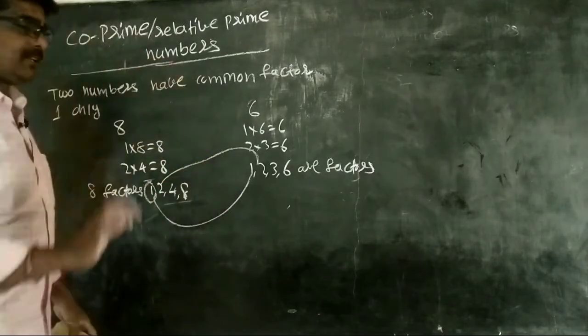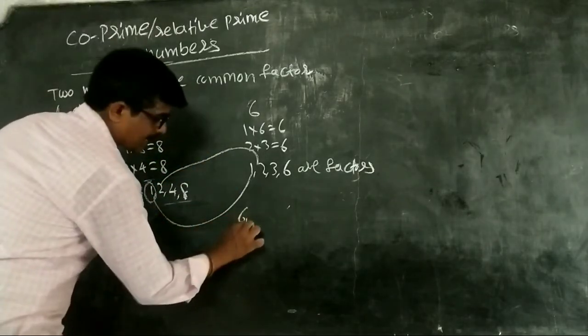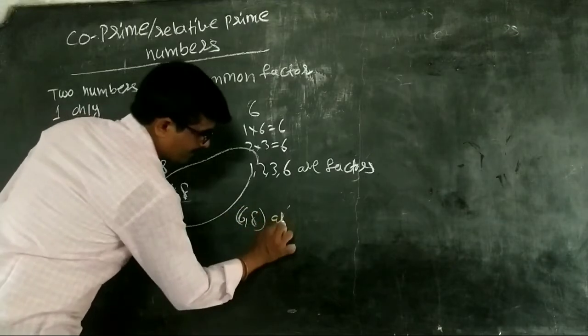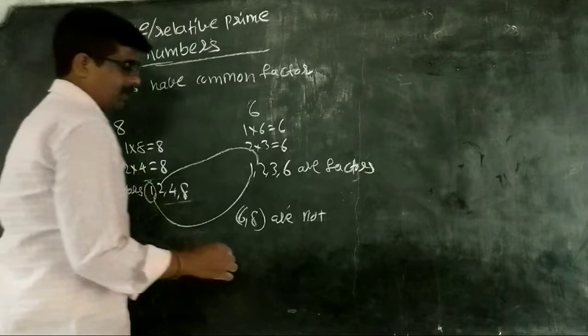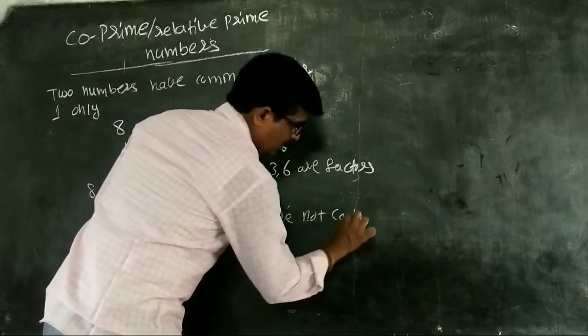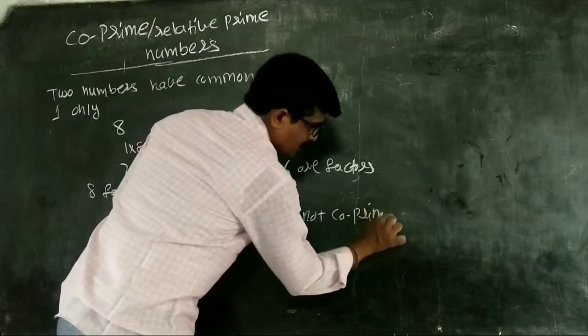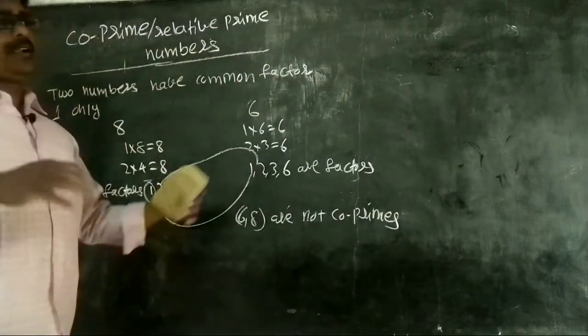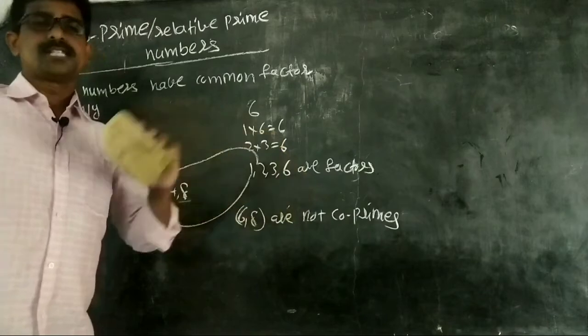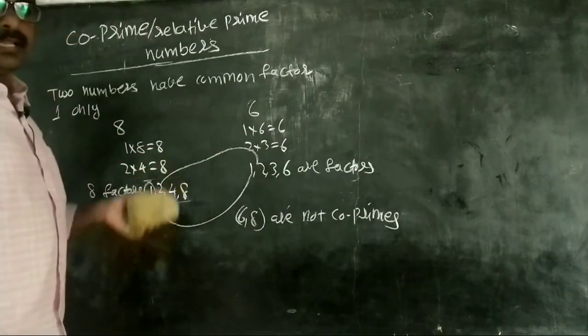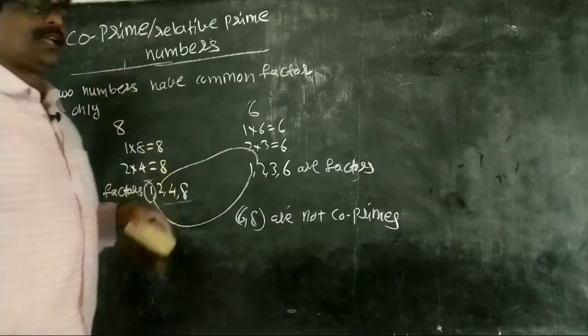So they are not relatively prime. Therefore 6 and 8 are not co-prime or relatively prime. Understand? If I take big numbers also, you can find, but I am explaining with small numbers only. Okay? This is for co-prime numbers.